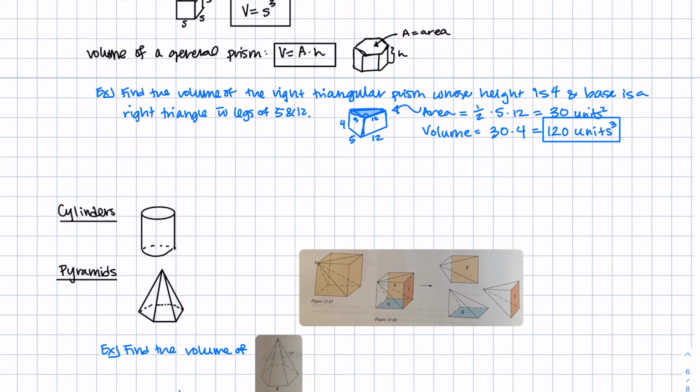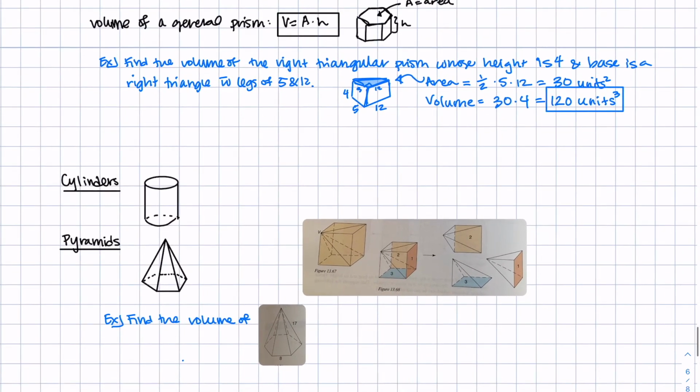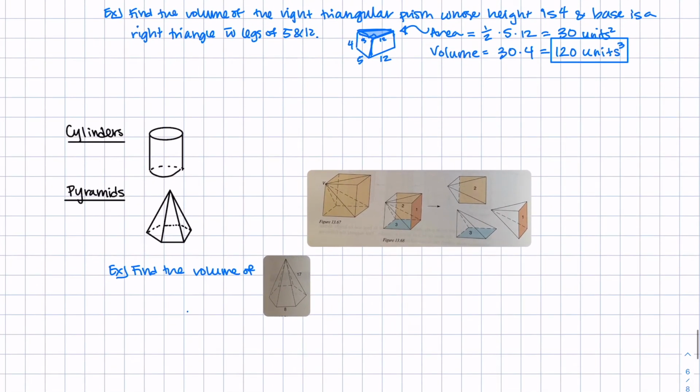so now let's look at a couple other shapes here. So looking at the cylinder, we're going to use a similar form, and the volume of the cylinder is just going to be the area of this top circle times the height.